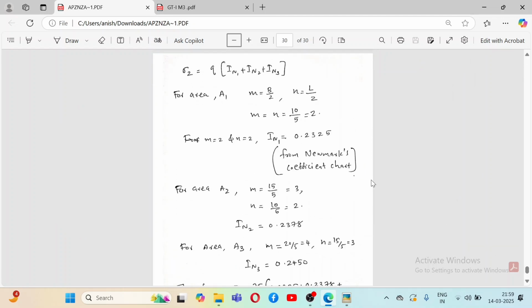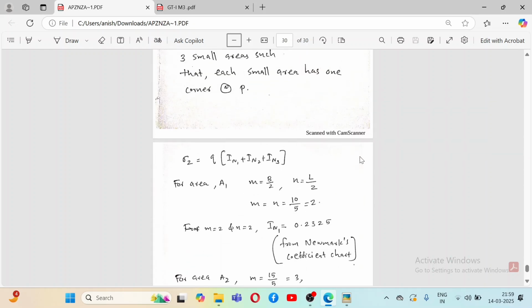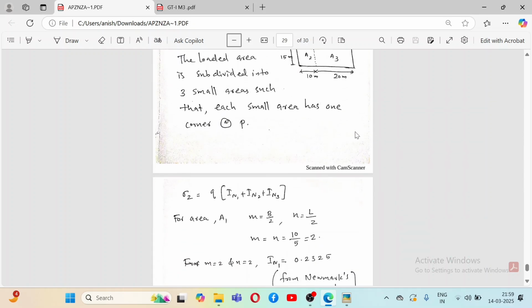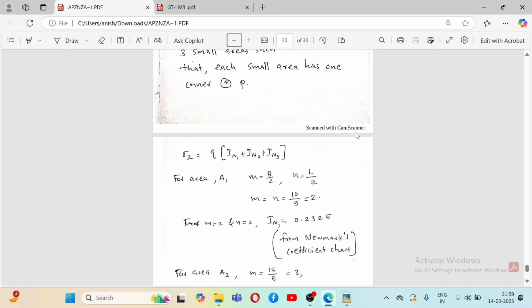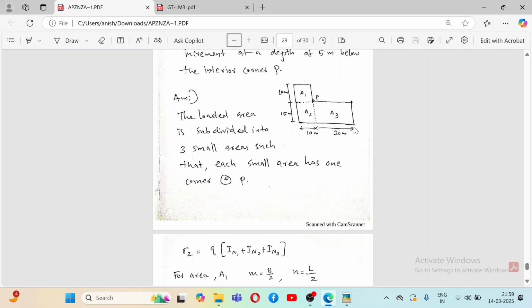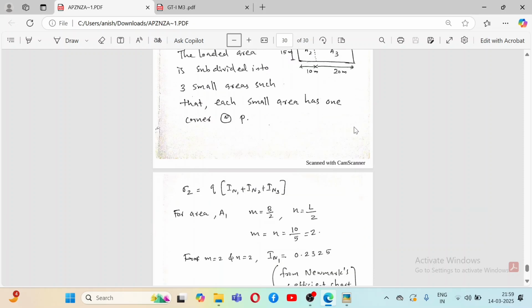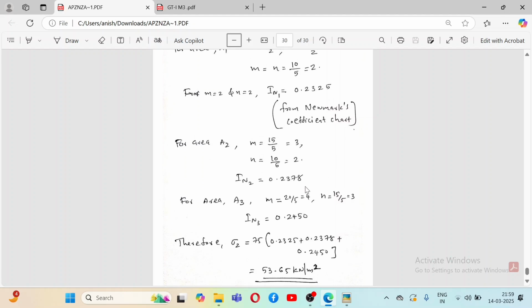What do you have? Breadth we have as 20 meter, length as 15. So 20 divided by Z, that is 5, so 20 divided by 5 is 4, right? N is 15 divided by 5, then you get 3.